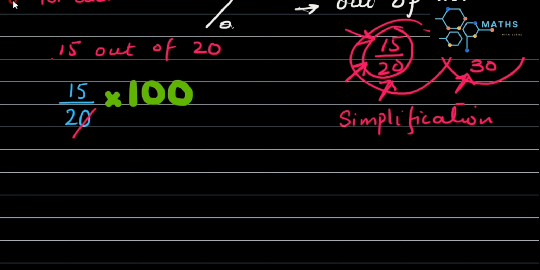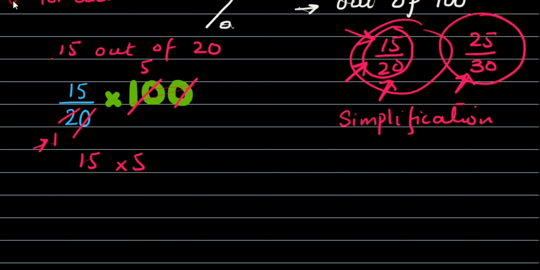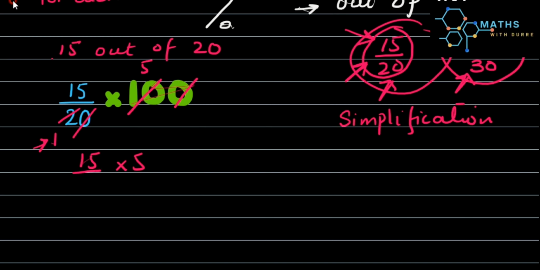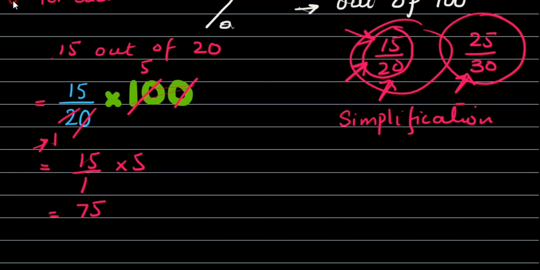I can reduce it. Yes, I can cancel it. Then I will cancel. 2 1s are and 2 5s are. What is left? 15 into 5, and there is no value in the denominator, so I will keep it as it is. After multiplication I can get the answer 75. But 75 out of what? I scored 75 marks out of 100.